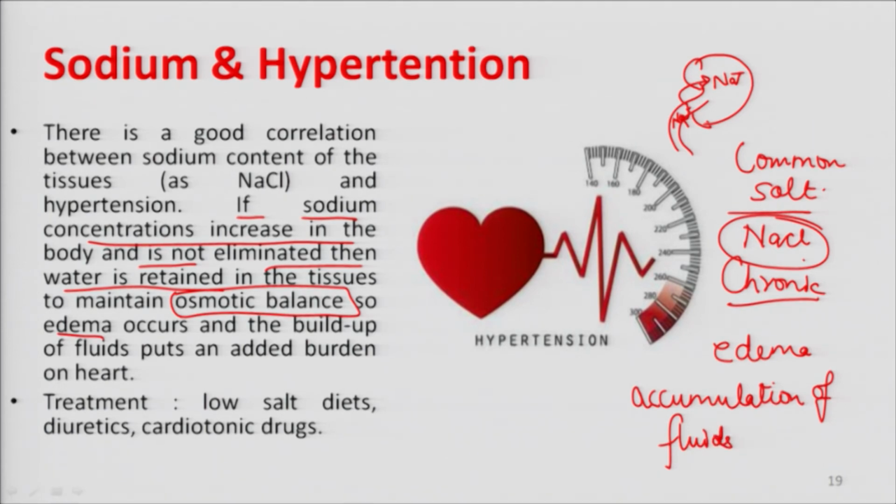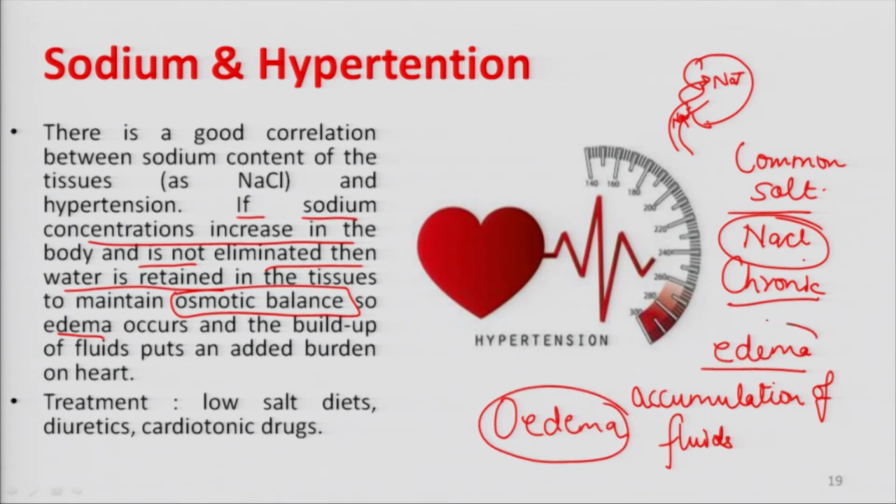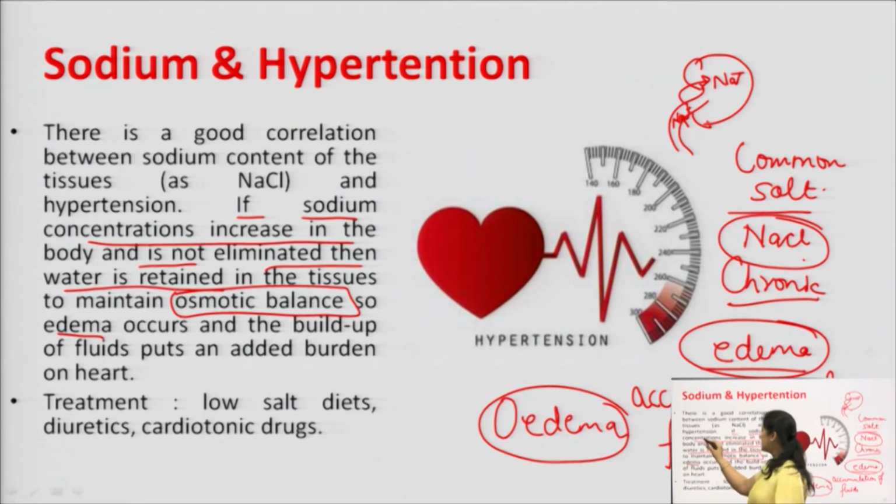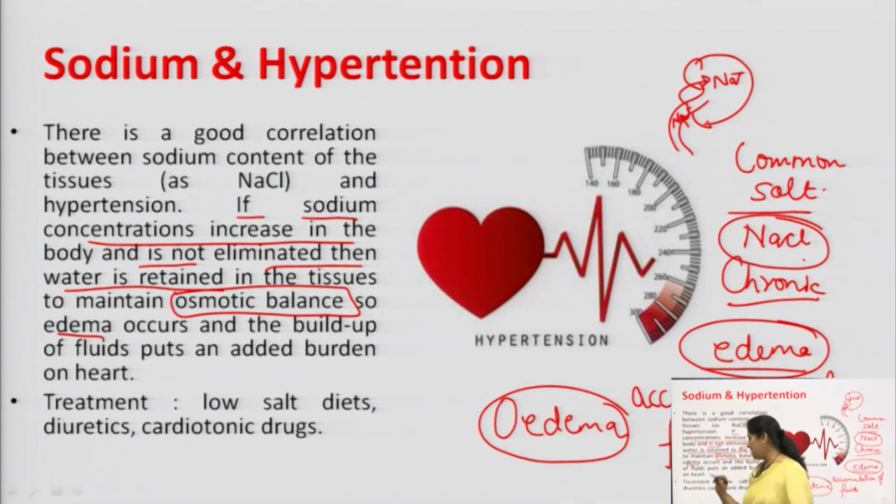It is spelled as edema, or it is also spelled as OEDEMA. This is also right and this is also right. So, what is going to happen if sodium concentration increases in the body and is not eliminated, then water is retained in the tissue to maintain that osmotic balance, which is going to lead to the edema, and this edema, the buildup of the fluid, puts extra pressure on the heart.